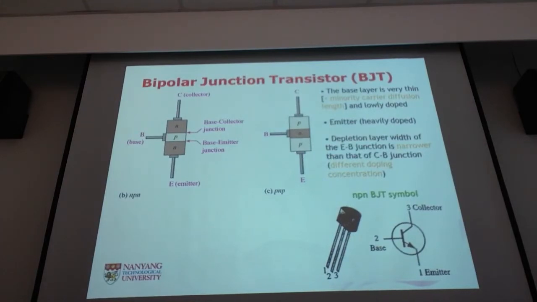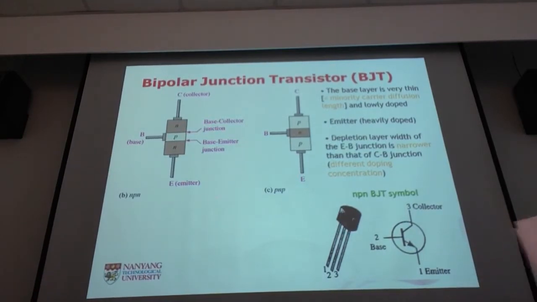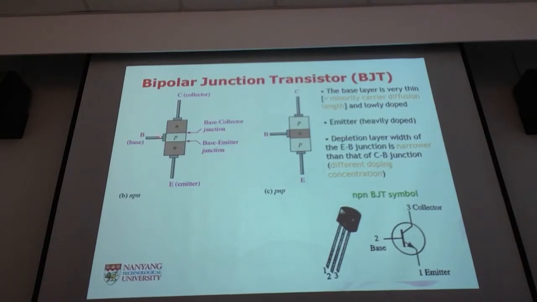So a bipolar junction transistor, as I said, is two PN junctions connected to each other. We have this emitter and collector, and in between we have this base.